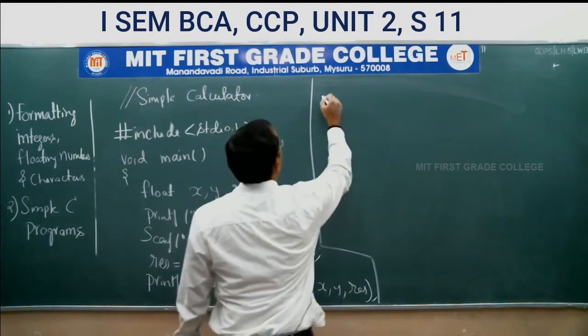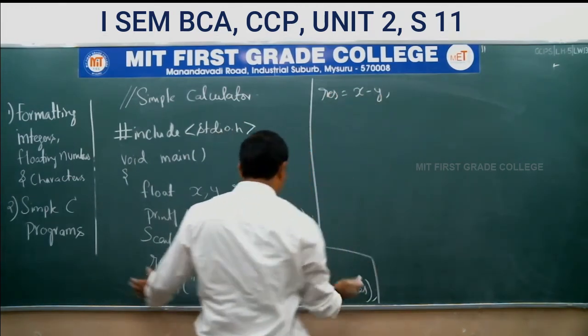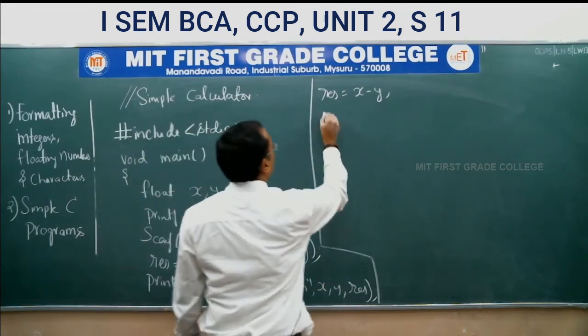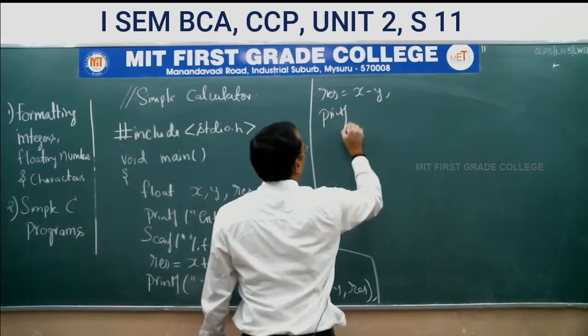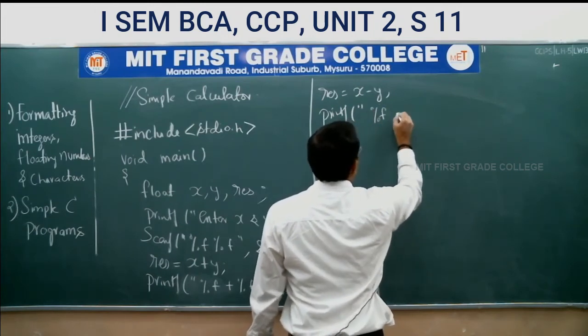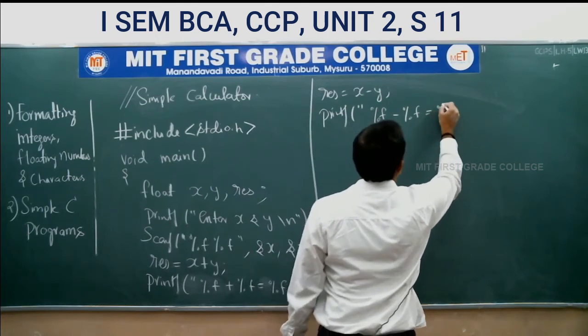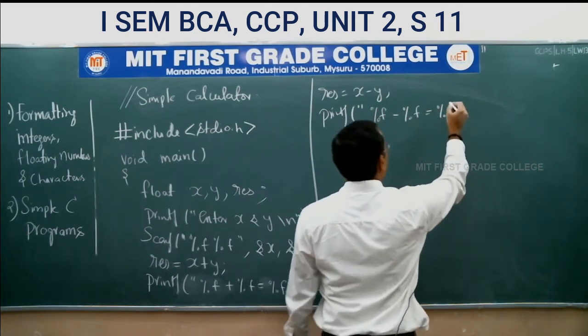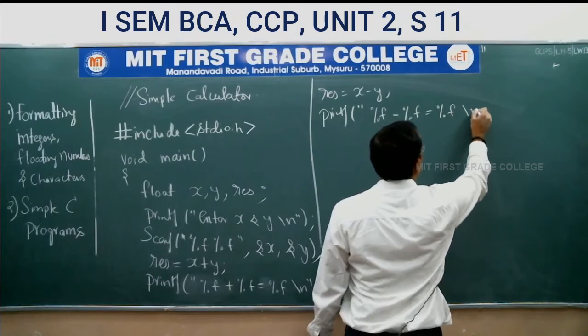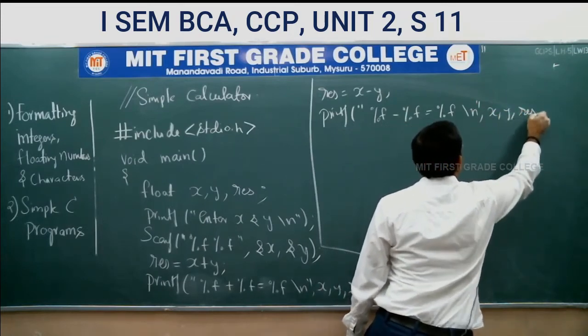The next is result is equal to x minus y. Copy the same thing, printf, and make suitable changes. Percentage f minus percentage f is equal to percentage f slash n, that is x comma y comma res.